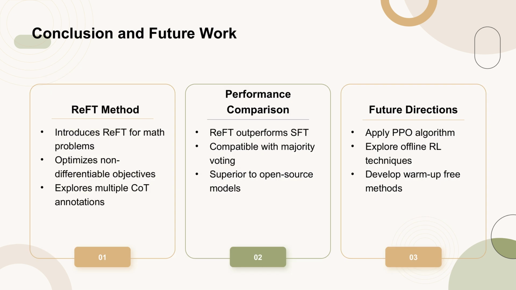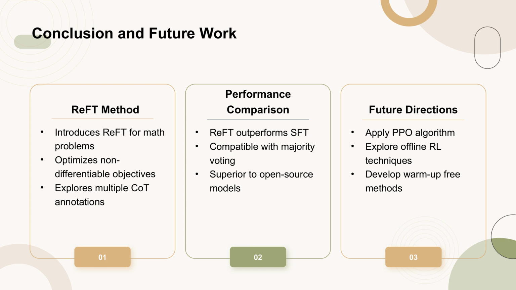In this study, the authors introduce a new method called reinforced fine-tuning, ReFT, designed to fine-tune models for solving math problems. Unlike supervised fine-tuning, SFT, ReFT focuses on optimizing non-differentiable objectives by exploring multiple chain of thought, COT, annotations to find the correct answer, rather than relying on a single annotation.